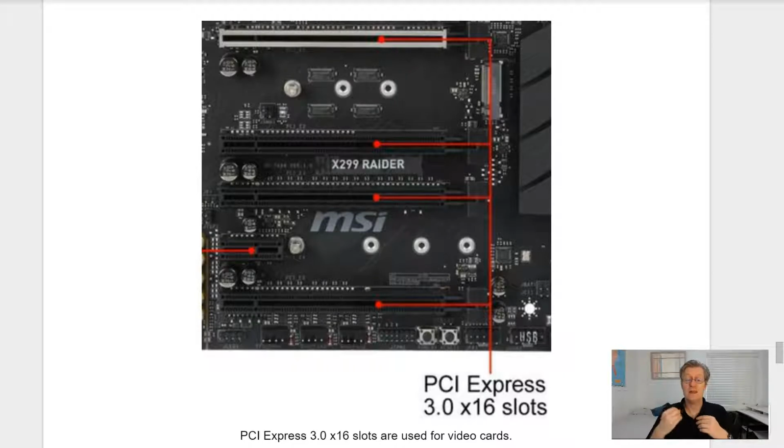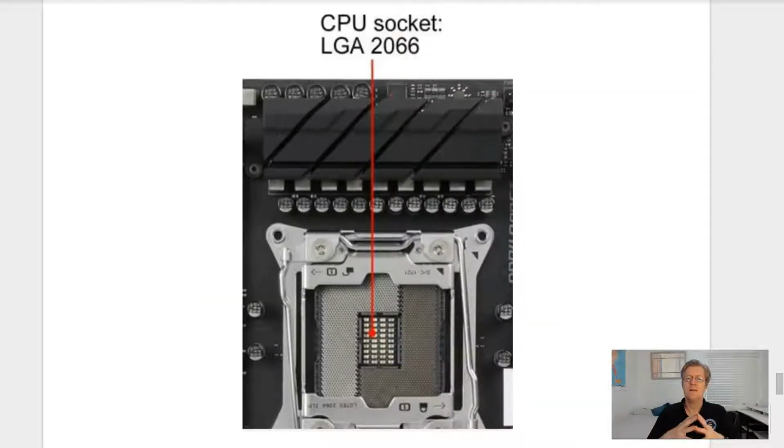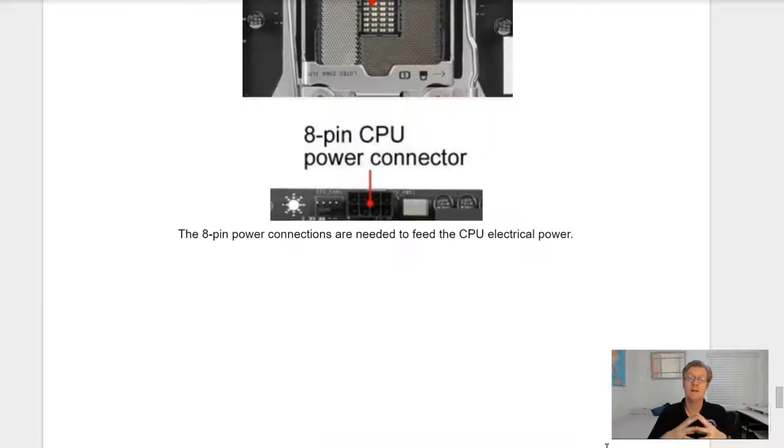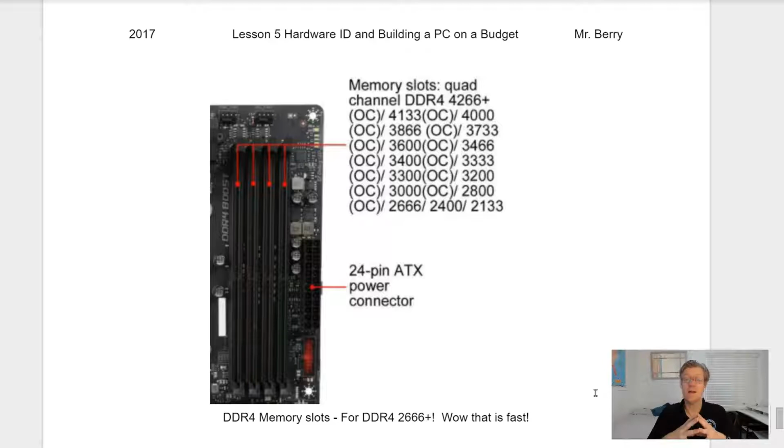Then we have PCI Express 3.0 x 16 slots. Now these are used for video cards. Then you have the CPU socket LGA 2066. Then we have an 8-pin CPU power connector. The 8-pin power connectors are needed to feed the CPU electrical power. Then here we have memory slots. Now notice that these take DDR4 memory, and then the speeds are listed there.